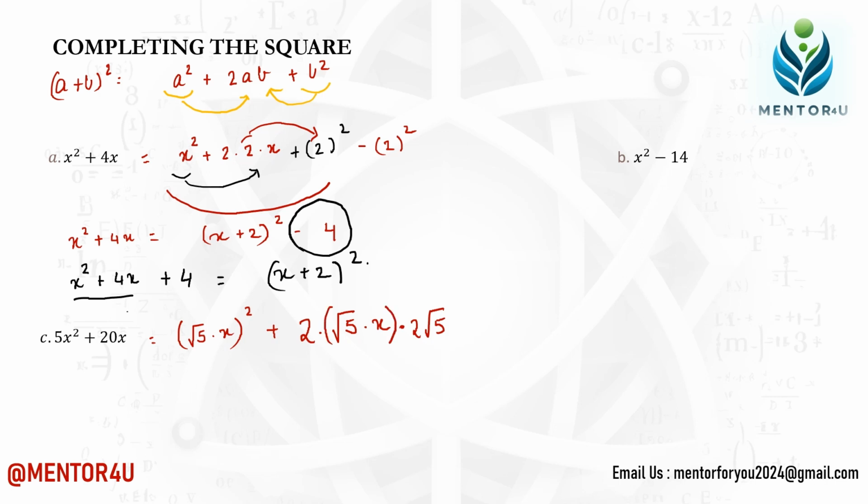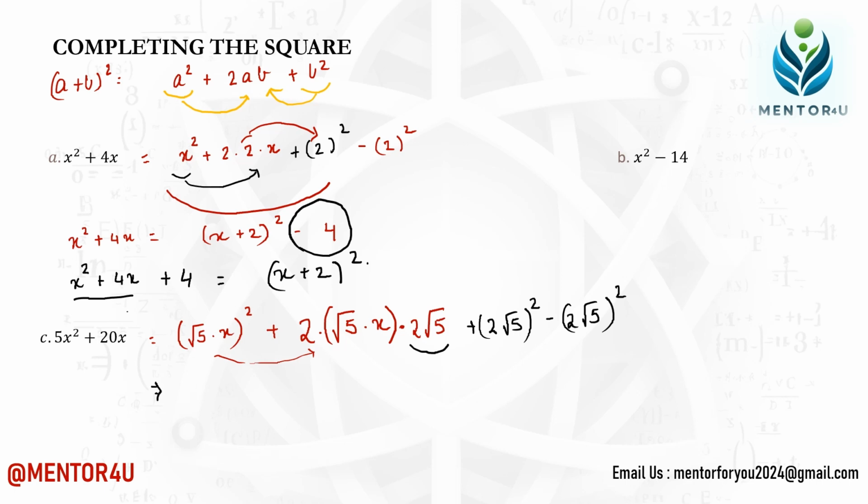You can see that root 5x is reflected here. So what should we add? We should add and subtract 2 root 5 whole squared, right? So that will be 2 root 5 whole squared minus 2 root 5 whole squared. And what is the value of 2 root 5 whole squared? That will be 4 multiplied by 5, which is 20, right?